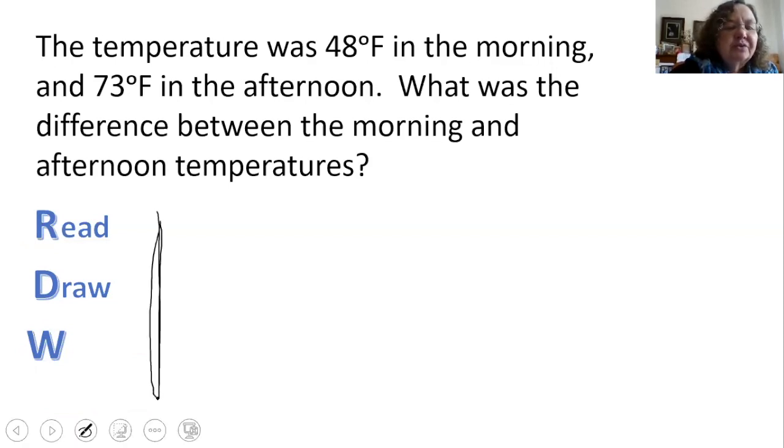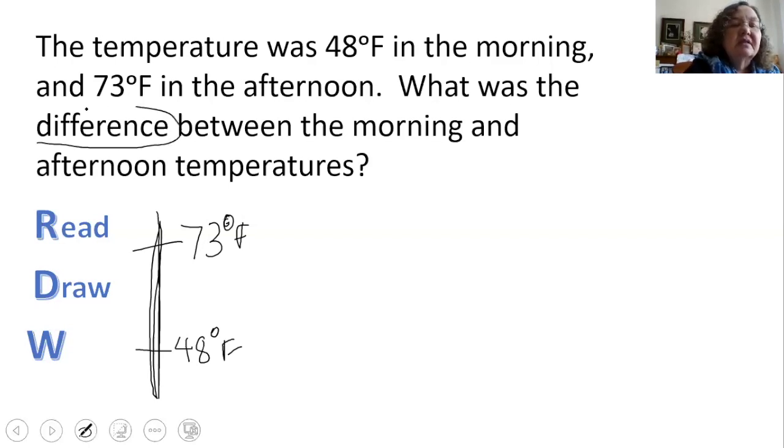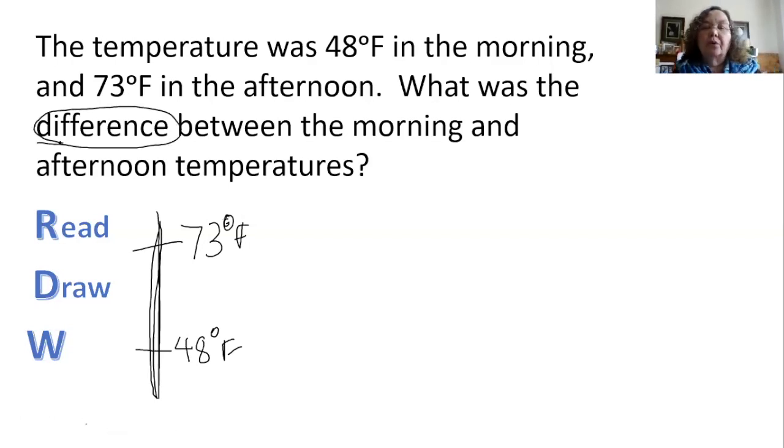Which would be the low temperature? 48 degrees, right? And what would be the higher temperature? 73. And it says, what was the difference between the morning and afternoon temperatures?